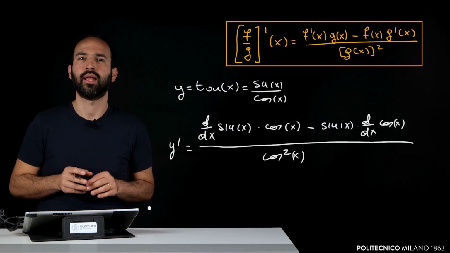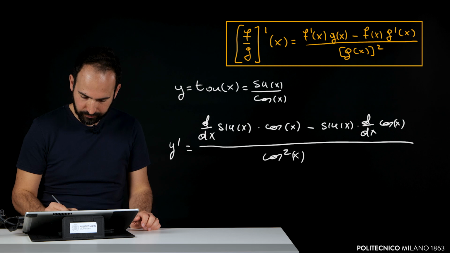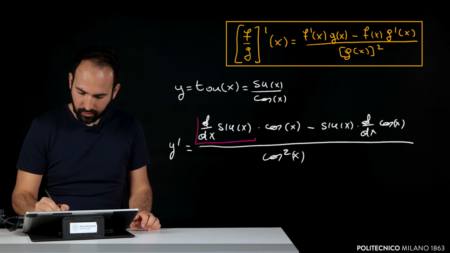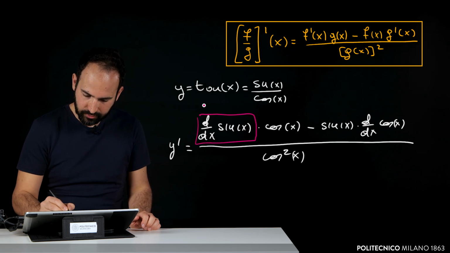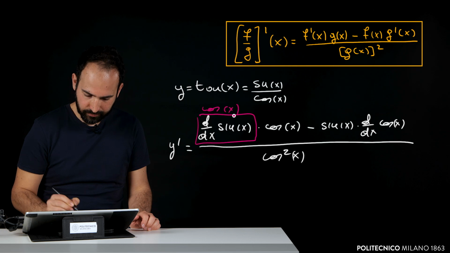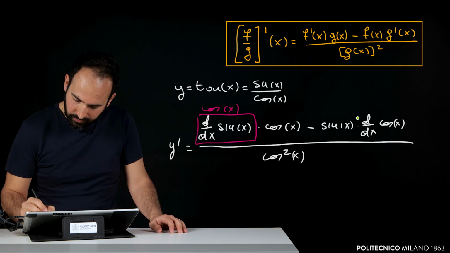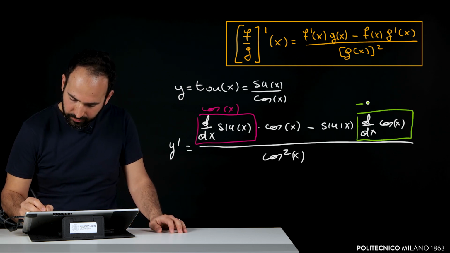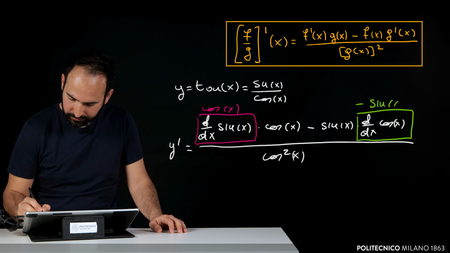Let's focus on the elementary derivatives here. So the derivative of sine of x is cosine of x. And the derivative of cosine is minus sine of x.